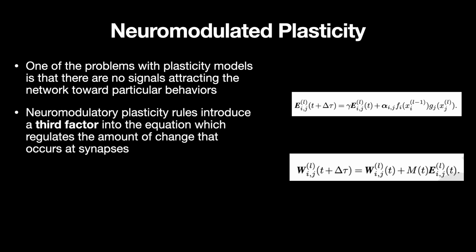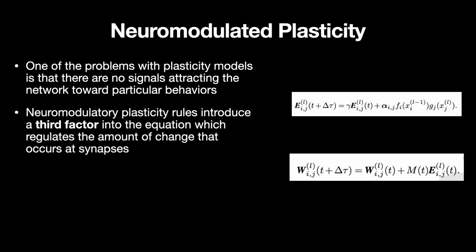And so how we modify our synaptic plasticity rule is we only update the weights in the presence of a neuromodulatory signal. If we equate this to backpropagation, let's say the network does really well on the loss function, to the point where it gets 0 error.